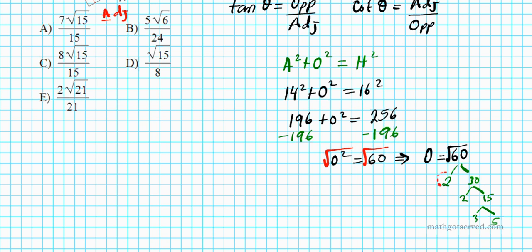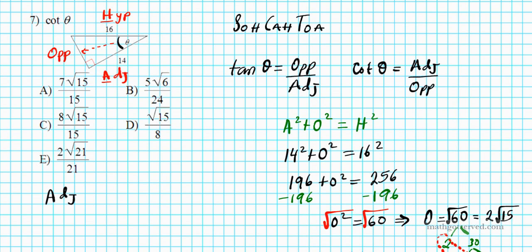So we have 2 times 2 repeated. The square root of 2 times 2 is 2. So root 60 becomes 2 times the square root of 15, since 3 and 5 do not repeat, so we multiply them together and keep them as a radicand. 2 rad 15. Now we know that our adjacent from the given figure is 14.